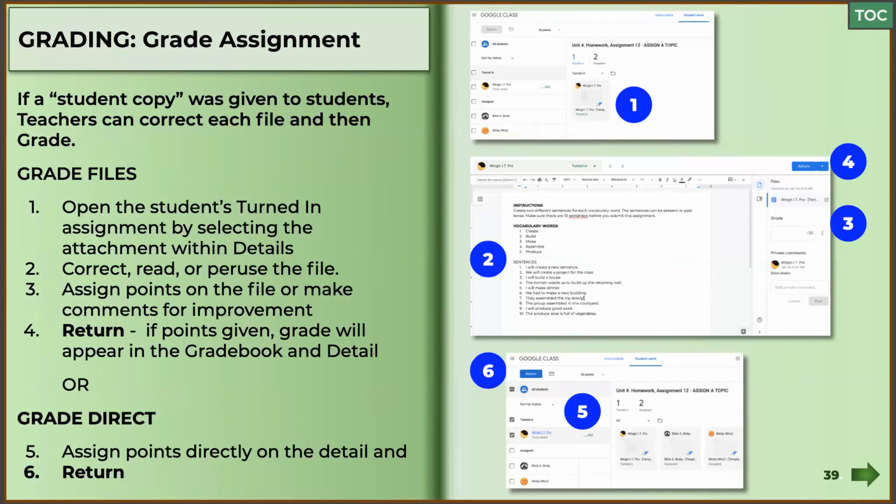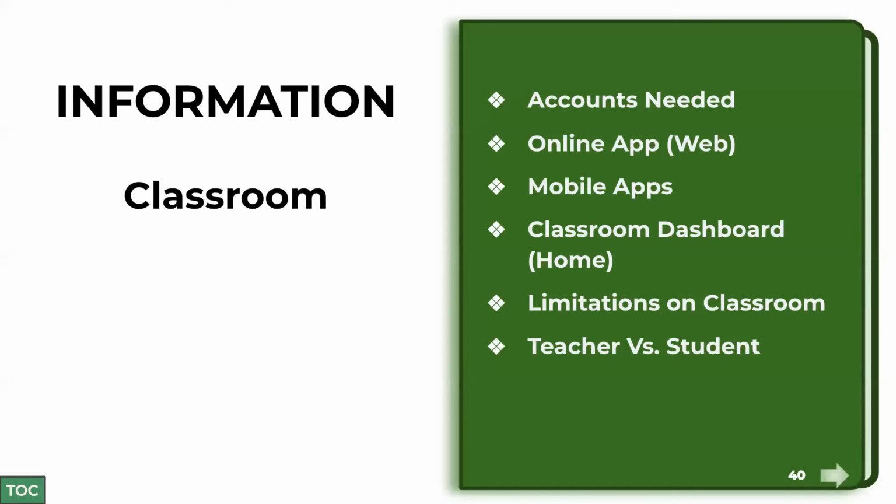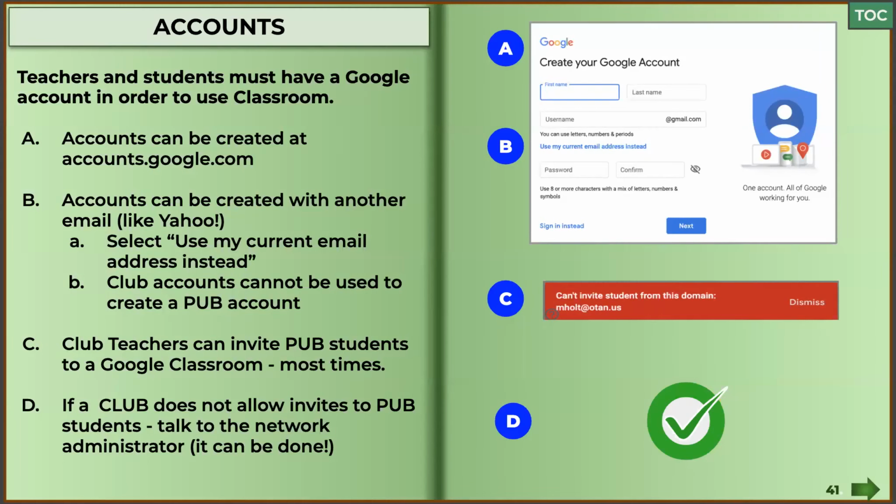Grading. So we got all the grades there. We kind of did that already. Accounts are needed, right? We've already covered this. This is in the handout, as I told you. If you try to invite somebody that is not in your domain or in your club, then you will get a message that looks like this.